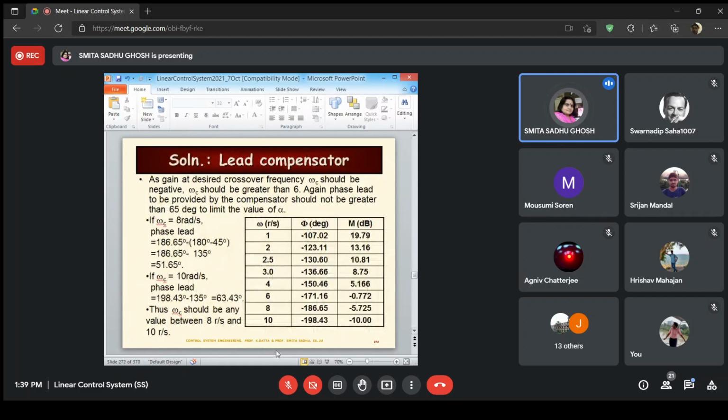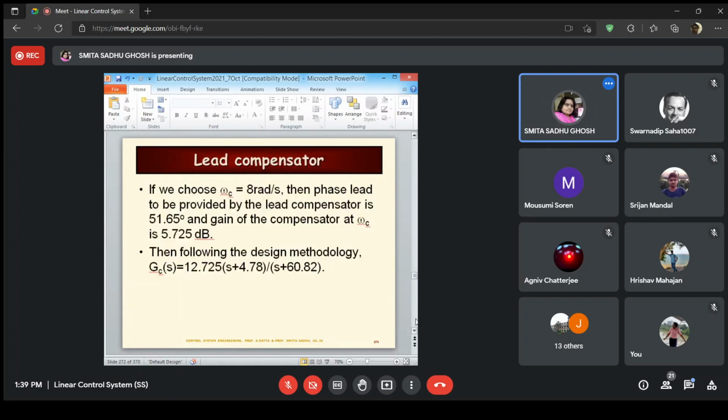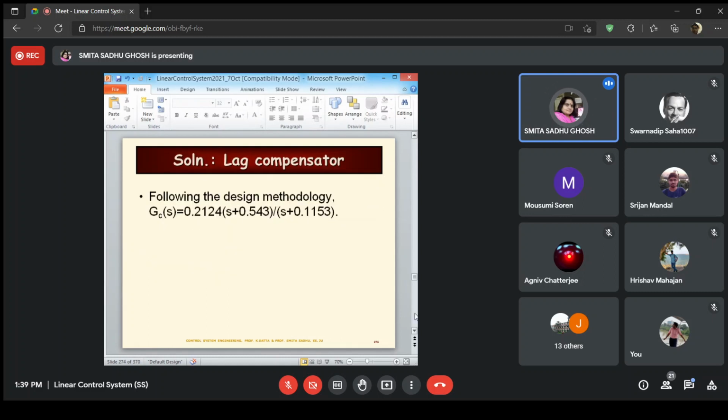Once you decide on which frequency to place your desired gain crossover frequency, you will be able to put in omega c, phi c and mc, and from there the transfer function can be found out for the compensator. Similarly, for the lag compensator, the value of the transfer function has been found out by finding the beta and b values, right?